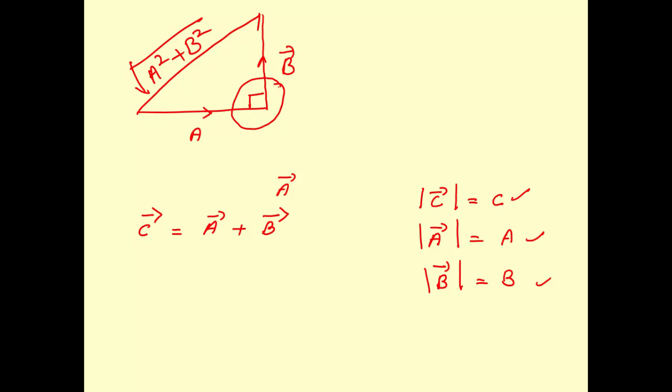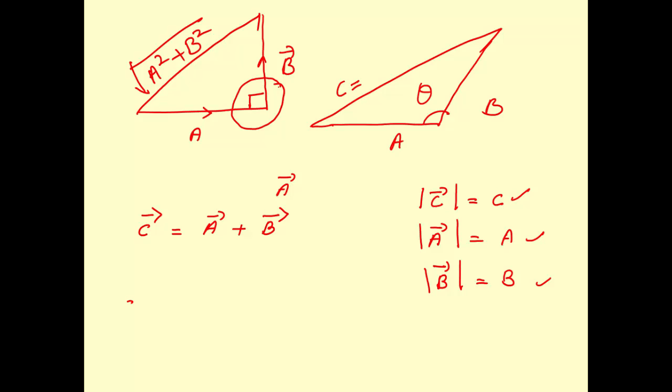If it is any angle, say theta, between A and B, then what actually is the third side? The third side C, the length of vector C or the magnitude of C, will be given by the root of A square plus B square plus 2AB cos theta.